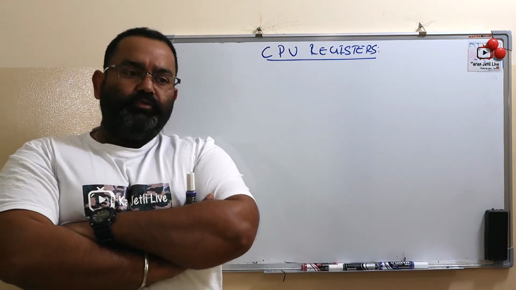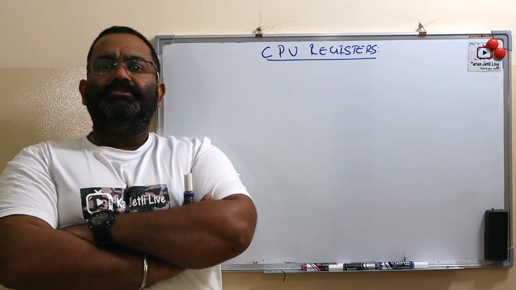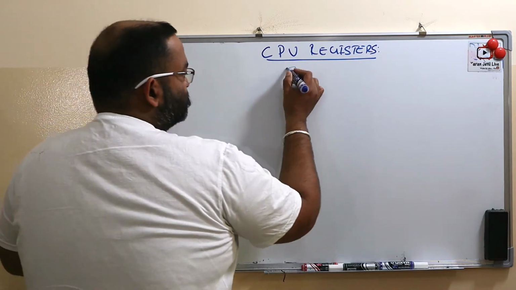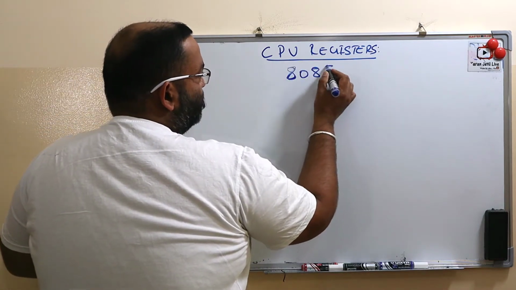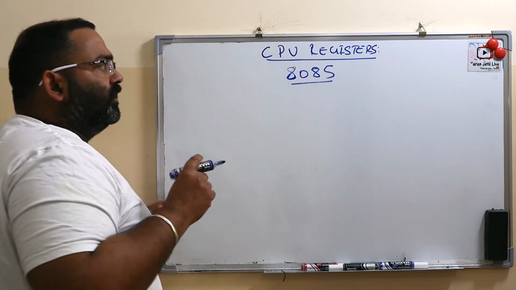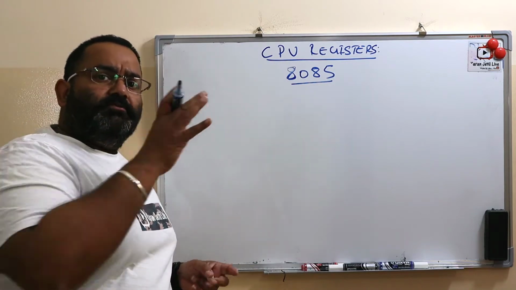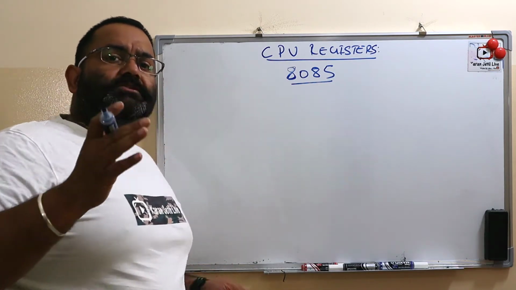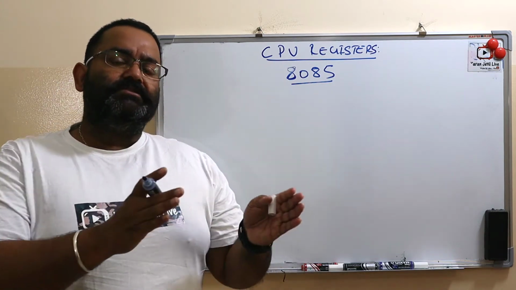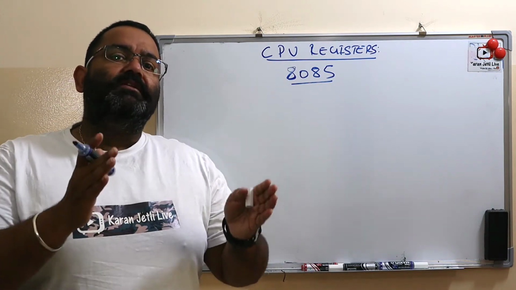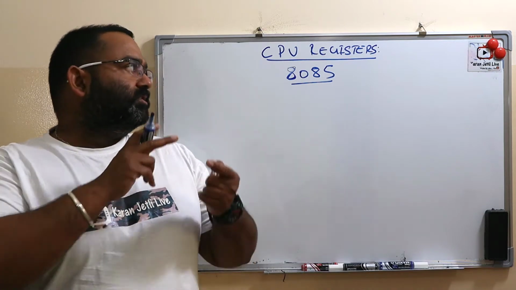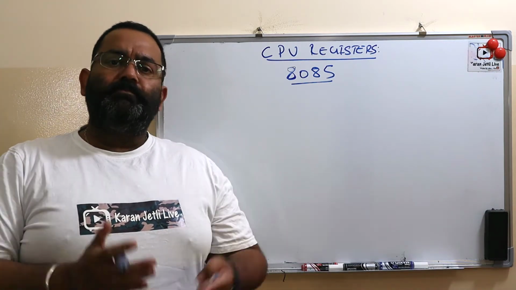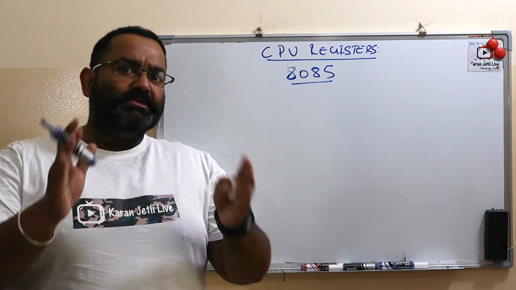In this video we will discuss the CPU registers used by the Intel 8085 processor. No matter which registers we discuss, more or less all CPUs have similar registers which perform similar functionality, whether it is the 8085 or the higher models of processors.